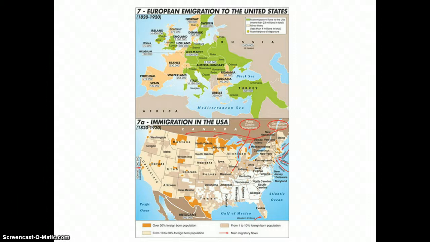There were many people that went to Canada or to South America or other places as well. But as far as U.S. history goes, you can see that many people not only immigrated to the United States, but they clumped in places with other like immigrants, people who came from the same country as them.